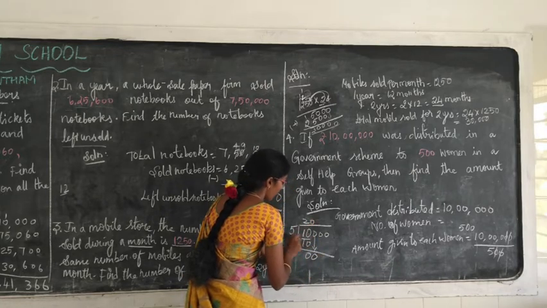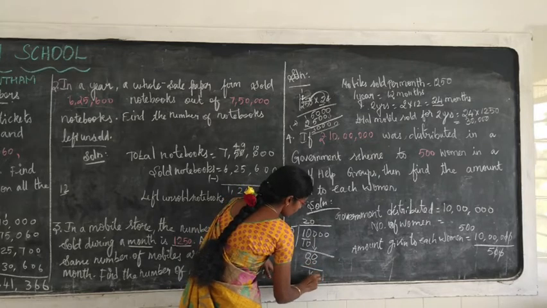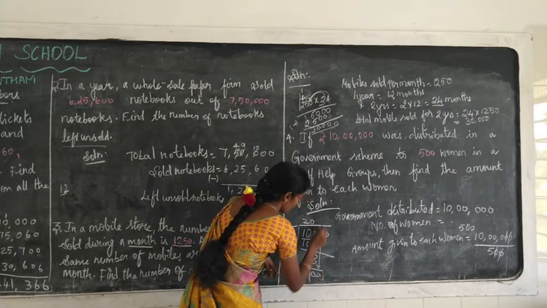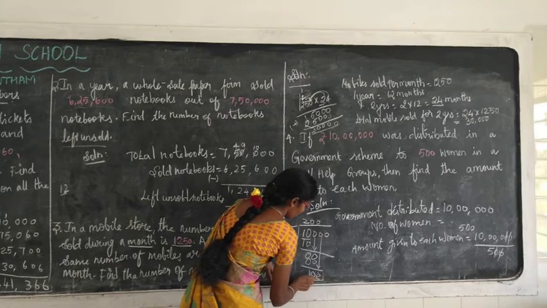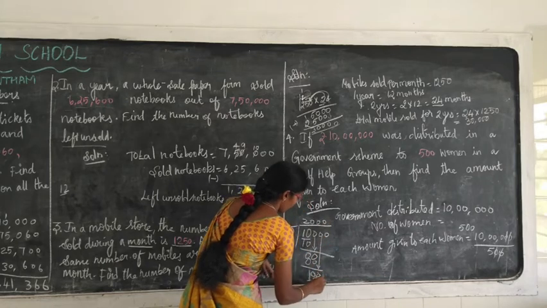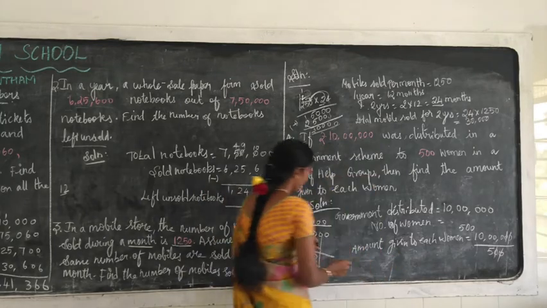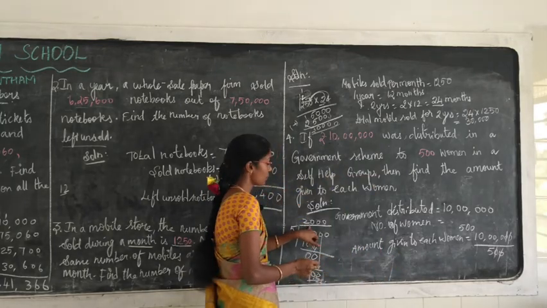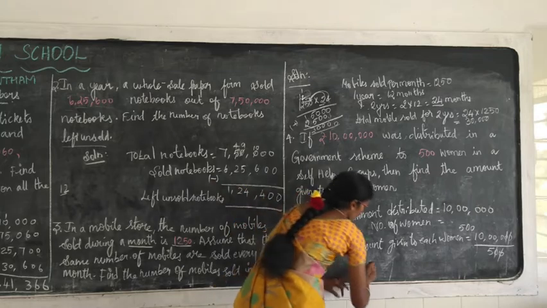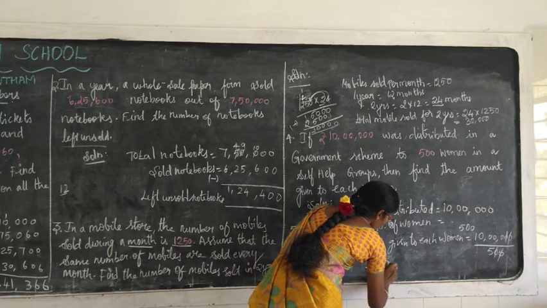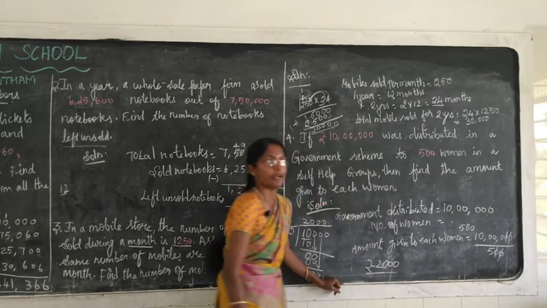So 0 5s are 0, 0. Next 0, 0, 0. Next 0. So likewise, how many rupees? For each woman, they distributed 2000 rupees. So rupees 2000 was distributed to each woman.